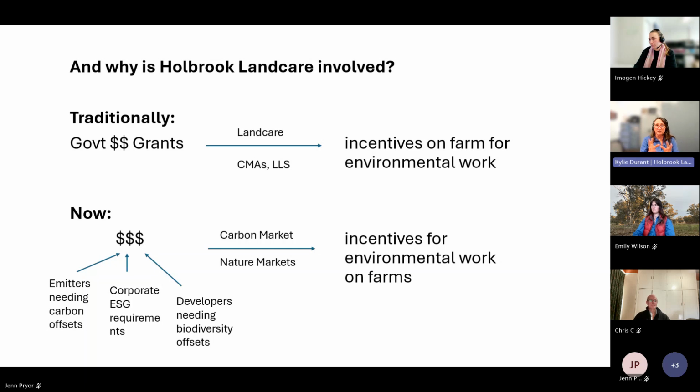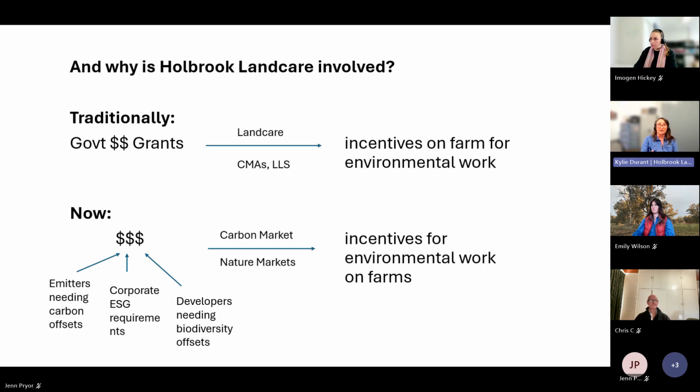These corporates who want information and data and want to invest in change in order to be able to report back on their mandatory requirements for environmental, social and governance, they are putting some money in. And in the biodiversity sector, it's developers who may have cleared vegetation and need to create an offset. So that money now flows through different mechanisms. It comes through the carbon market and through nature markets down to incentives for environmental work on farms.